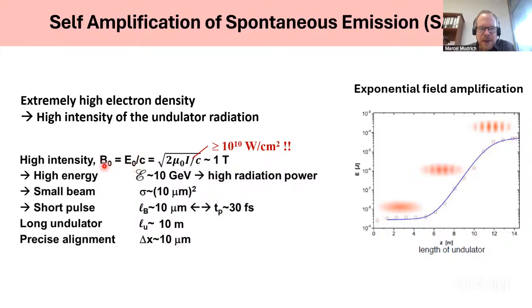But here the magnetic field has to be on the order of a Tesla to match the undulator magnetic field, so that it has any effect on the bunch propagation and the electron propagation inside the undulator. On the other side, that means the intensity has to be on the order of 10 to the 10 watts per square centimeter, so very intense.